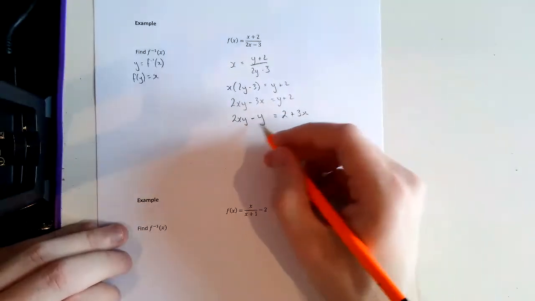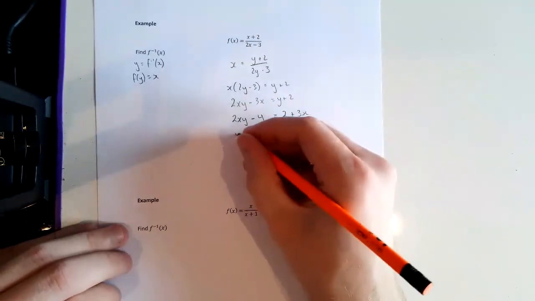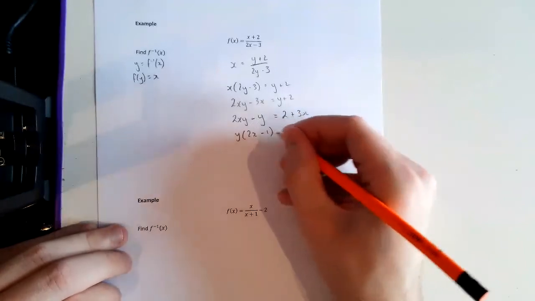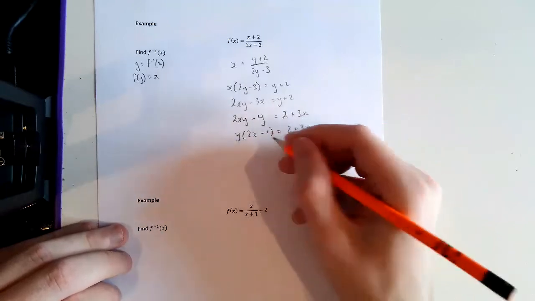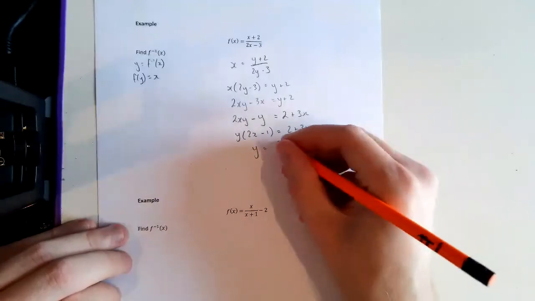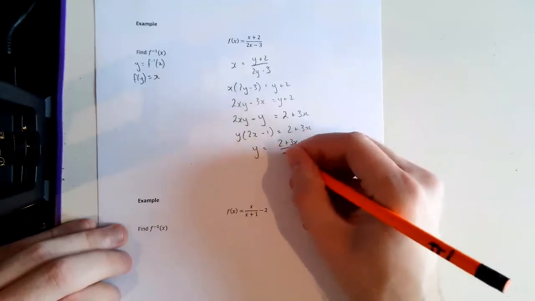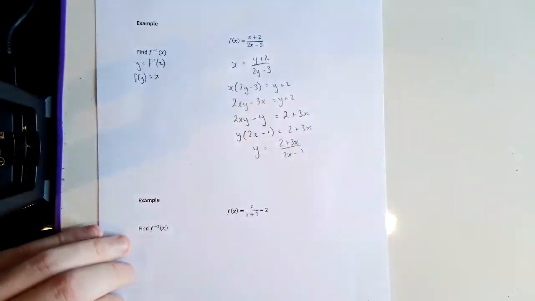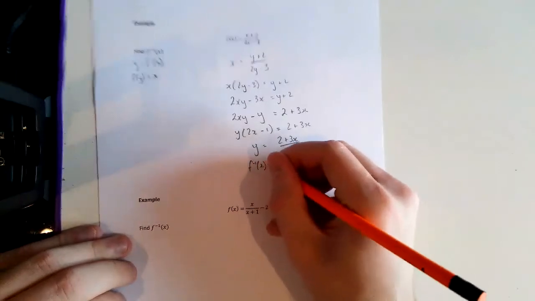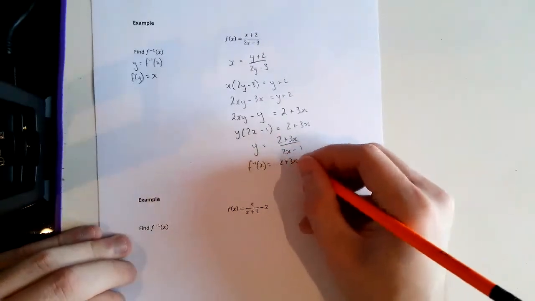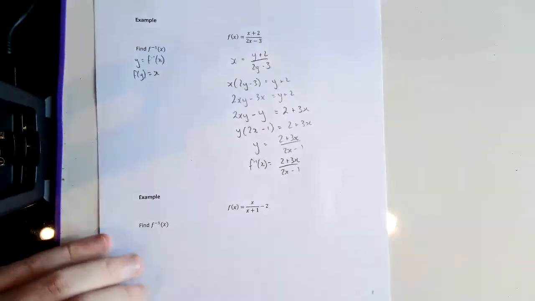Now I've got y's on one side, I can factorize it out. And I can divide both sides by 2x minus 1. That's it. So my inverse, that's right, that's the last step.